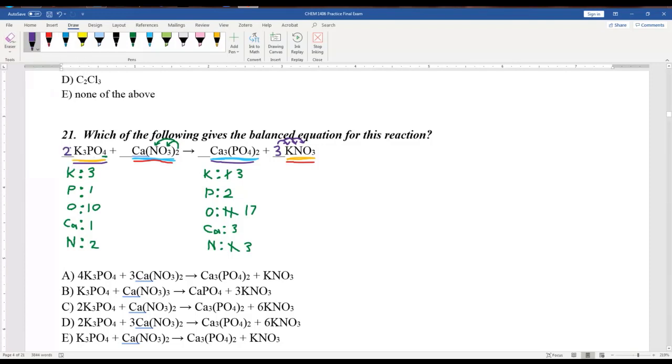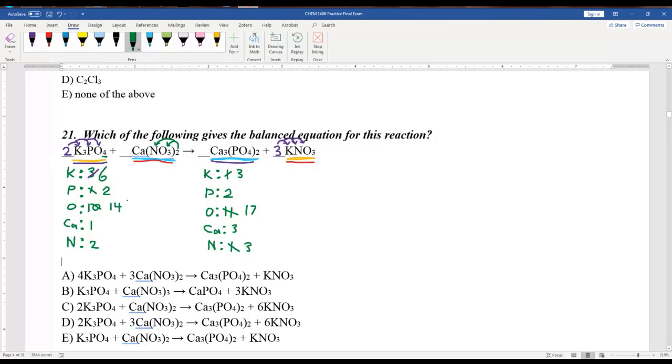So 2 times 3 potassiums, 2 times the phosphoruses. So I'm going to get 6 potassiums. Now I'm going to have 2 phosphoruses. 2 times 4 is 8 oxygens, plus 6 is 14 total oxygens.